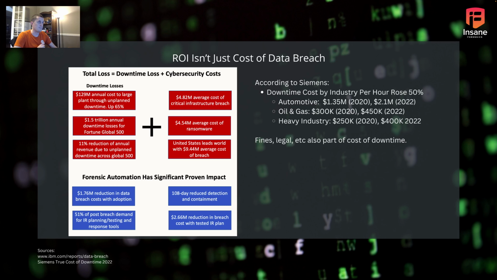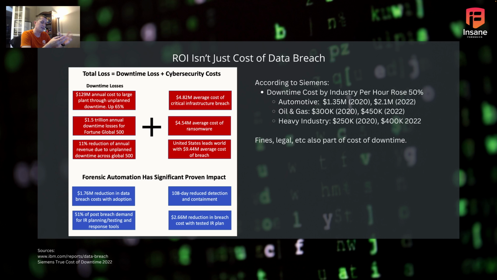What's critical when you move into critical infrastructure is not just to think about the detection or the breach cost side, right? You also have to consider the downtime cost. What is the loss of productivity for not having this portion of my network? If you're in industrial operations, that's saying, what is my loss of not having this portion of the plant, not having this key system that I can do business out of?